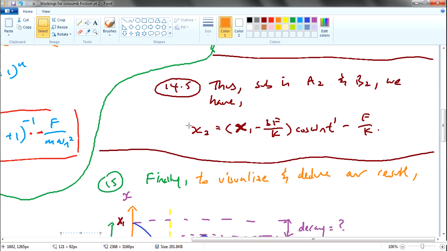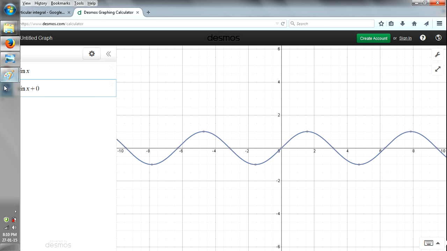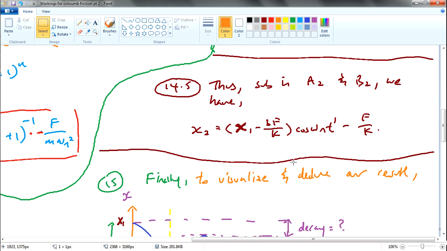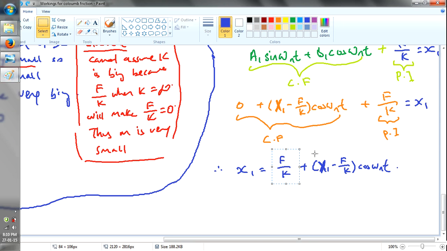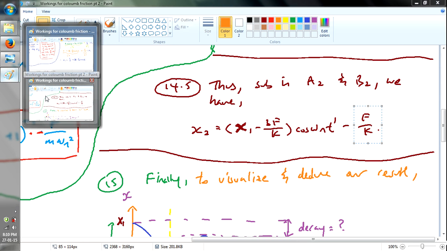Just taking the coefficient of the cosine out first, and then maybe I'll just pause the video. Okay, I found the reason why we ignore this term over here. These things deal with cosine, so it deals with the graph and amplitude.